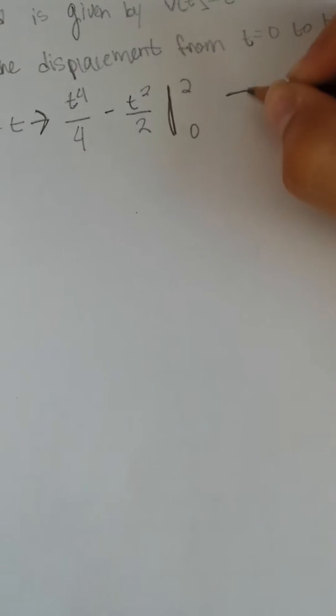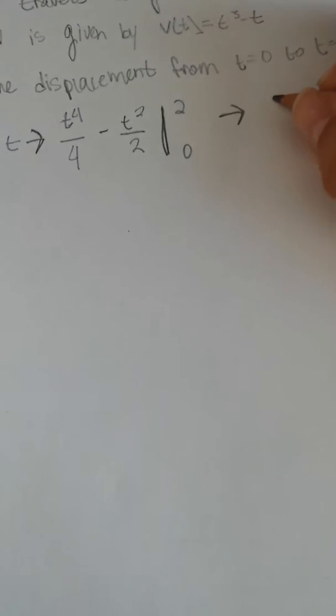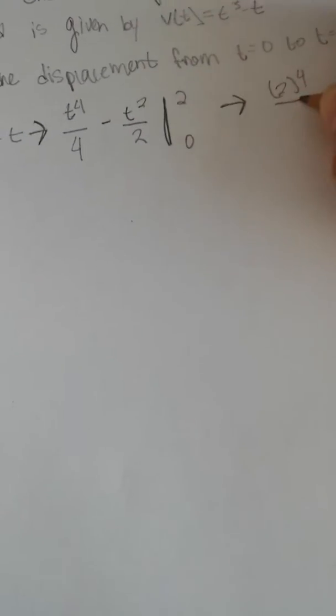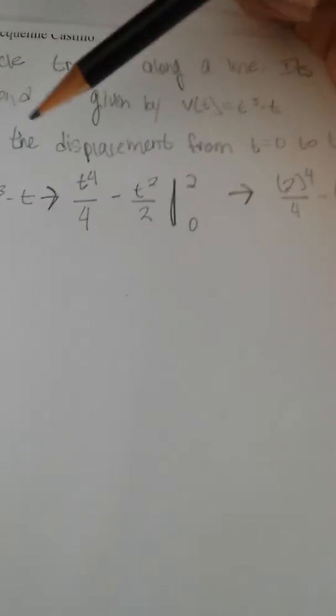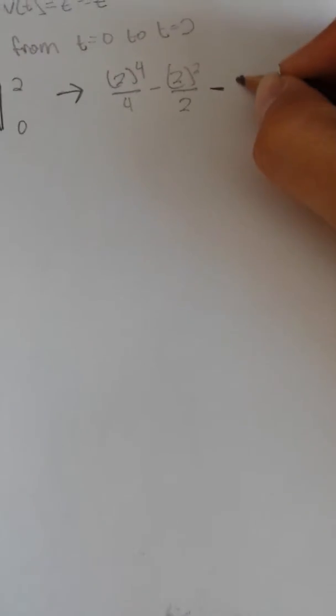Okay, so from here you just plug it in, subtract your lower bound from your upper bound, so you get 2 to the 4th all over 4 minus 2 squared all over 2. And then that was just plugging in the 2, now you need to plug in your 0. If you plug in your 0, you're going to get 0 to the 4th and 0 squared, which is just going to be 0, so minus 0.